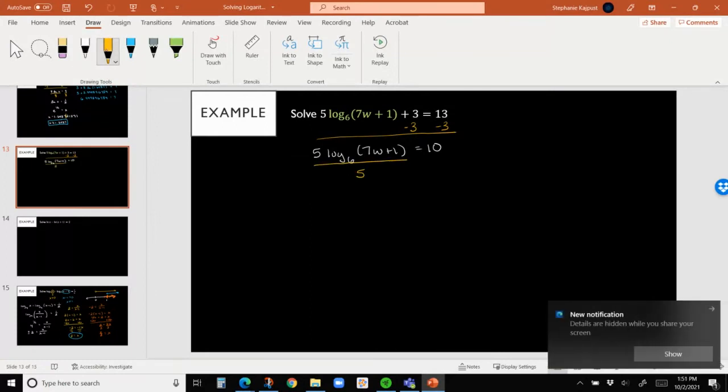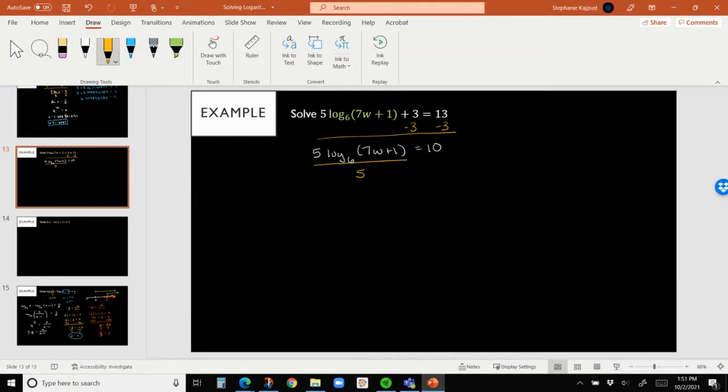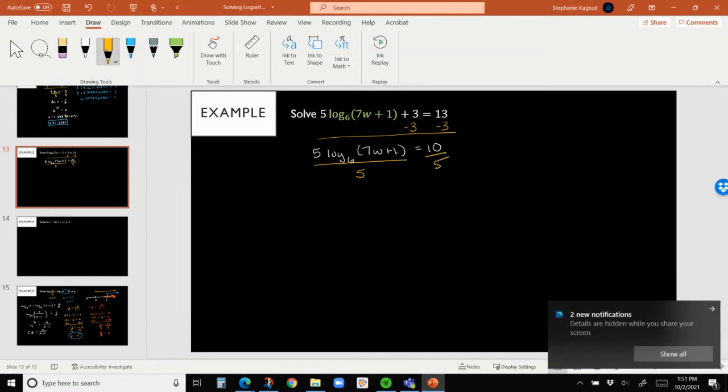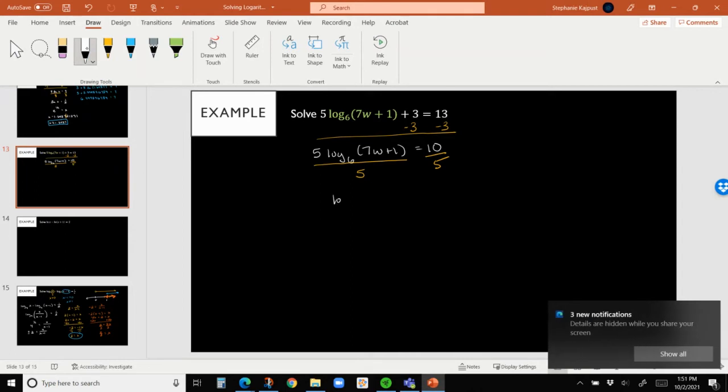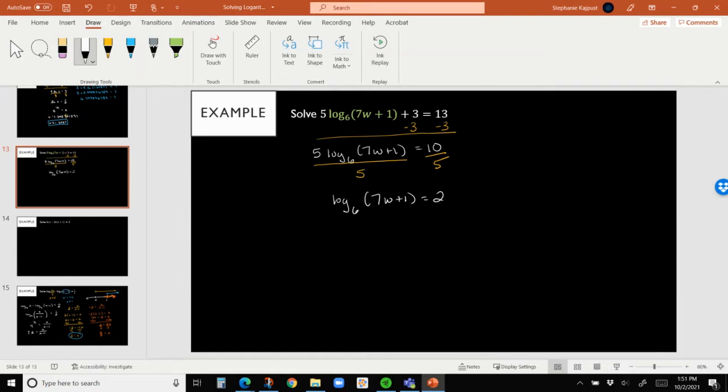Then we're going to divide both sides by 5. And so that gives us log base 6 of 7w plus 1 equals 10 divided by 5, which is 2.